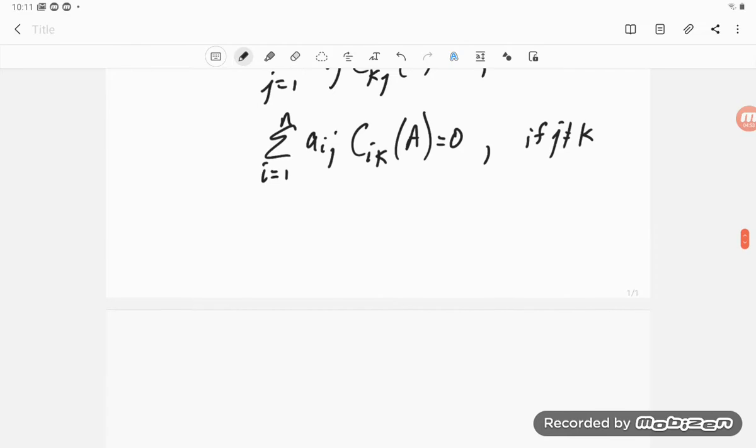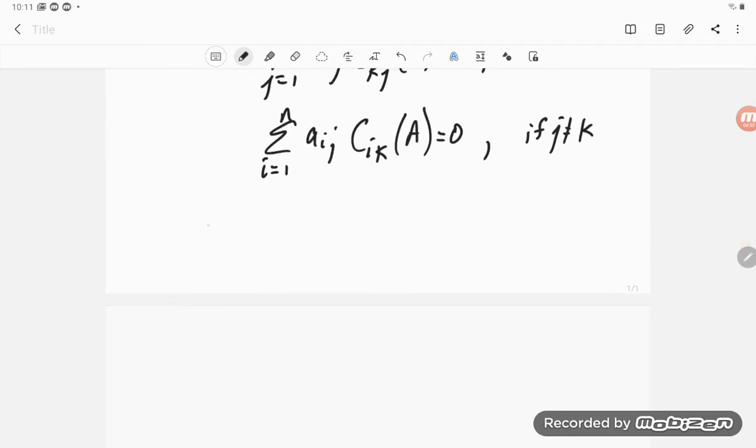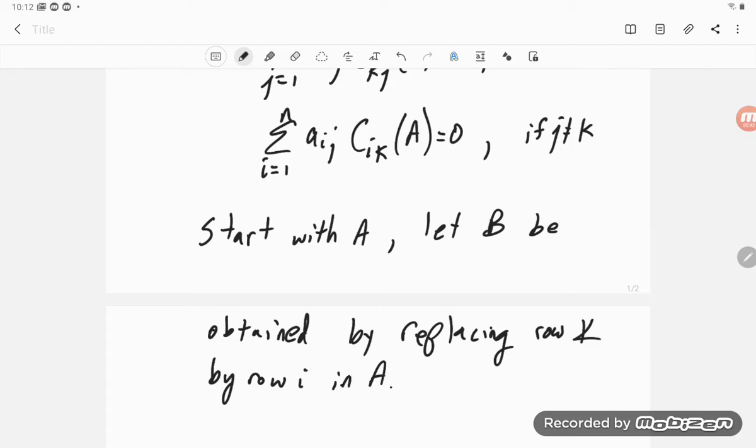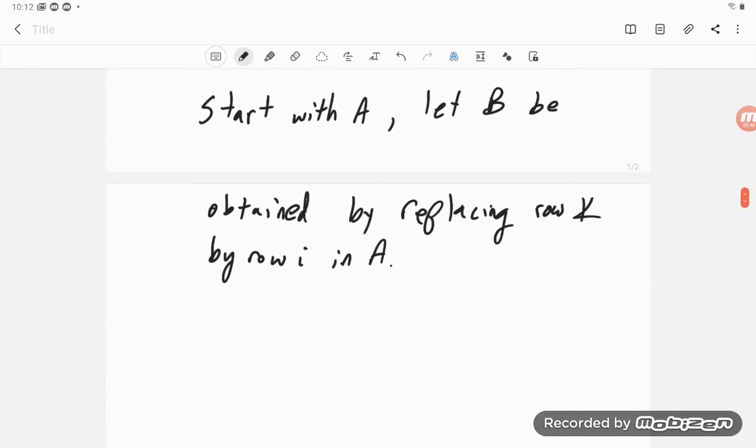And so the way they prove this is, okay, we'll start with A, and then let B be obtained by replacing row k by row i in A. Okay, so they point out B has two identical rows.